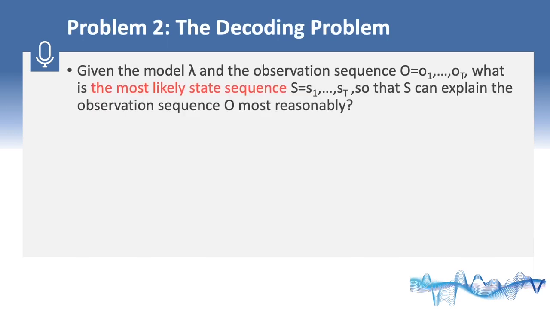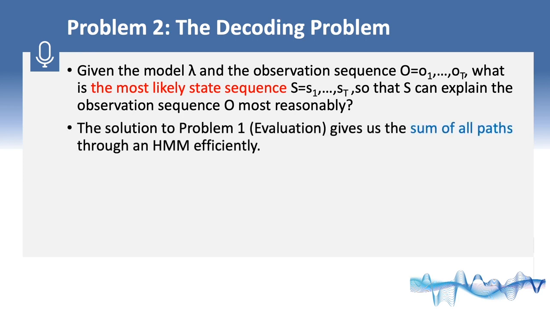Problem 2, given the model lambda and the observation sequence O equals O1 until OT, what is the most likely state sequence S equals S1 until ST, so that S can explain the observation sequence O most reasonably.